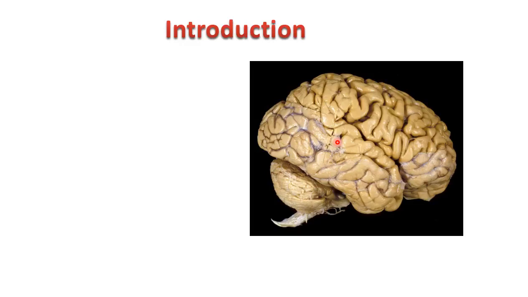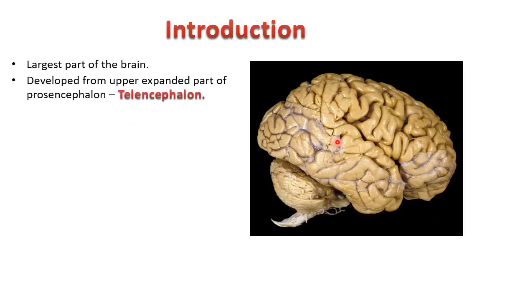Now first of all, it is also called the telencephalon, developed from the forebrain vesicle. The primitive brain has three vesicles: prosencephalon, mesencephalon, and rhombencephalon. The prosencephalon gives rise to the telencephalon and the diencephalon.